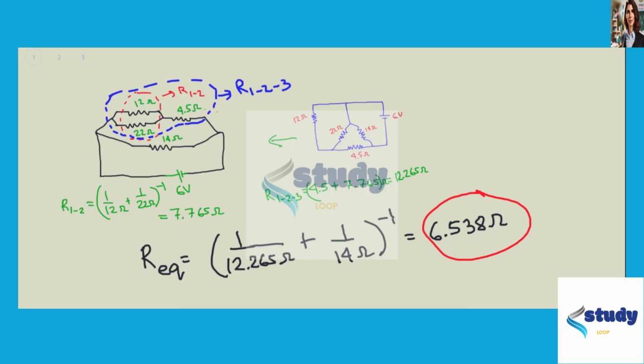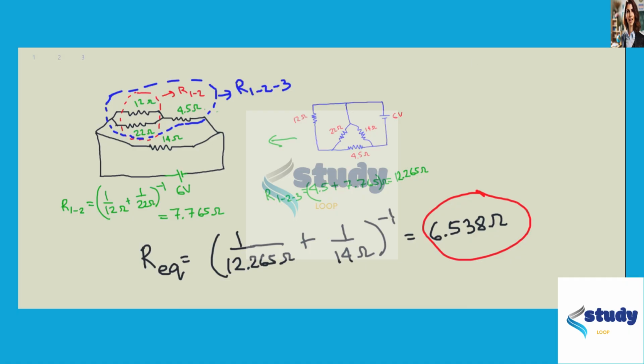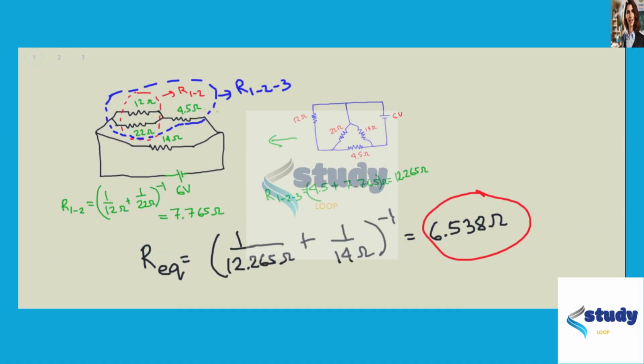So we need to figure out what amount of current is going through R12, to be precise. So what we do here is, again, we're using Kirchhoff's loop rule for the outer loop, and by outer loop we mean that we take this whole thing and we're considering these two resistors as one.